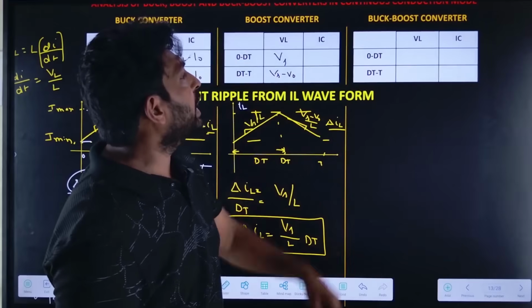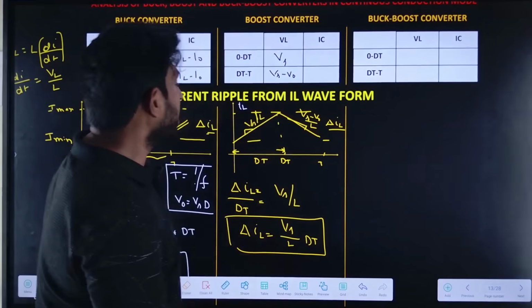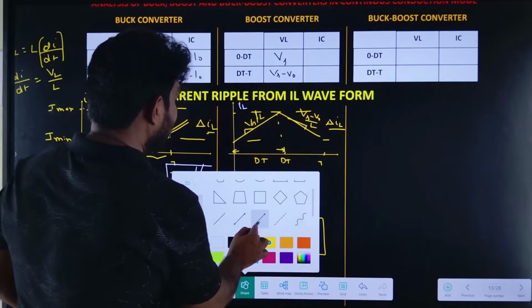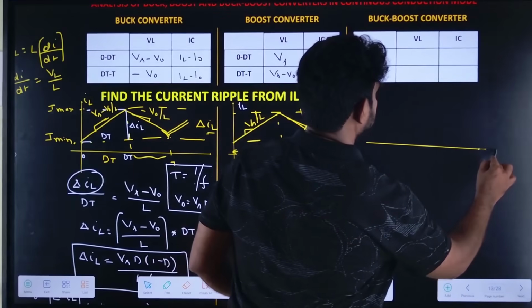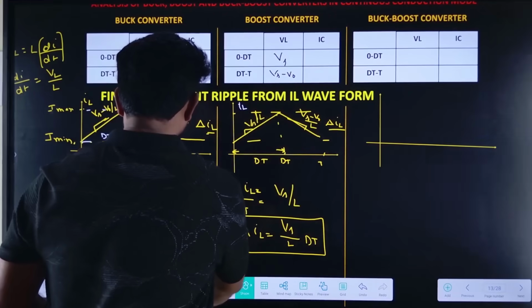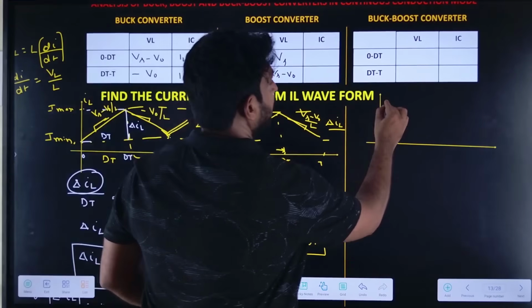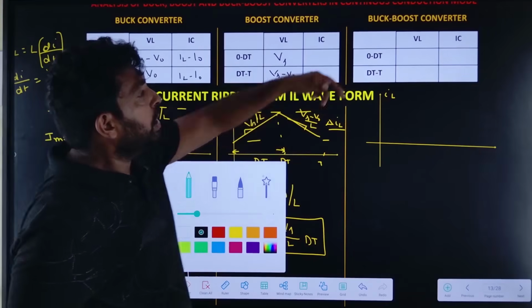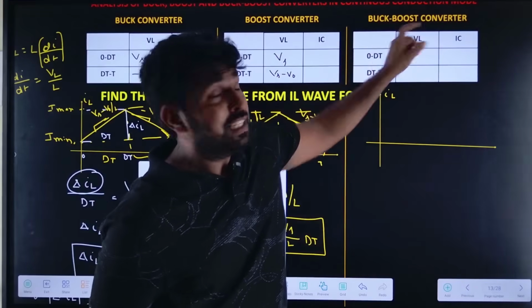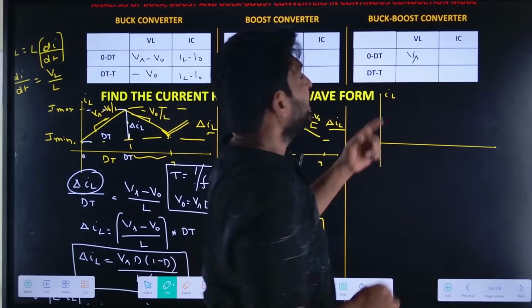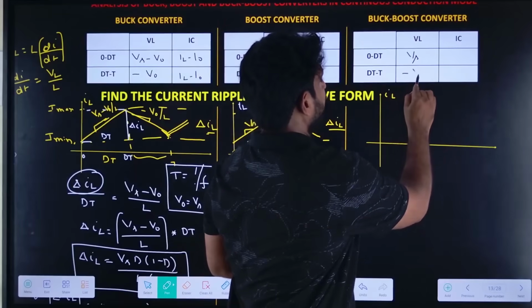Now let us find it for the buck boost converter. We need to draw the IL wave. For that, let me fill this table. What is the VL value here? From 0 to dt, it is Vs. From dt to t, it is minus V0.